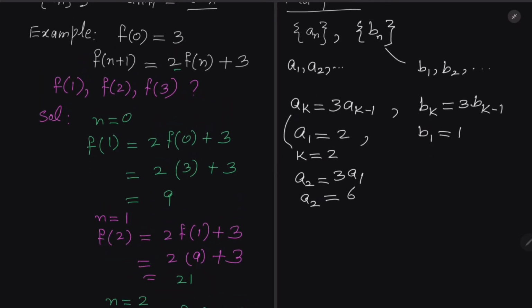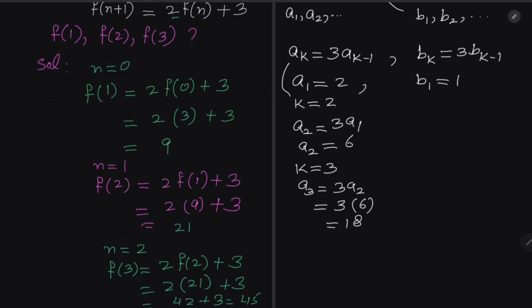And we continue for the sequence a. k is equal to 3, a3 is 3 times a2, and a2 is 6, so we get 18. So the sequence that we get for a is 2, a2 is 6, a3 is 18, and so on.